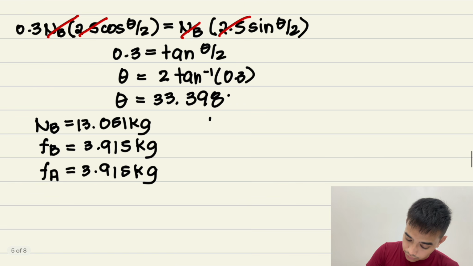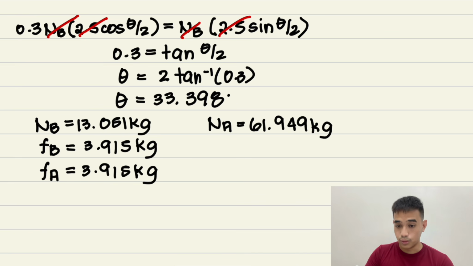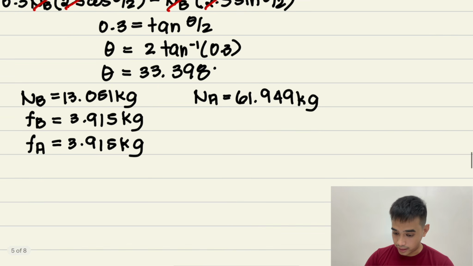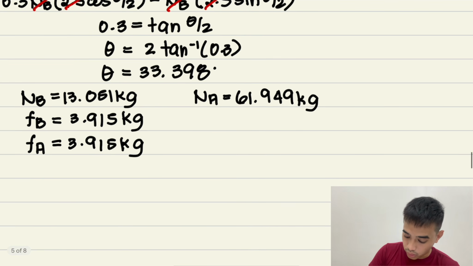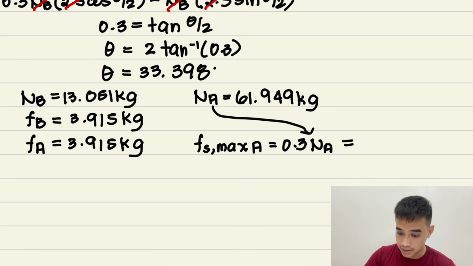And the value of our NA will be 61.949 kilograms. So at this point, we can now check if we've done a correct assumption. And in order to do that, we solve for the maximum static friction at A, which is 0.3 times NA, which gives us 18.585 kilograms.